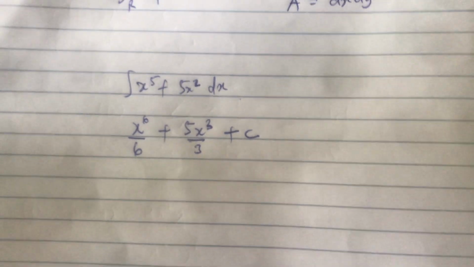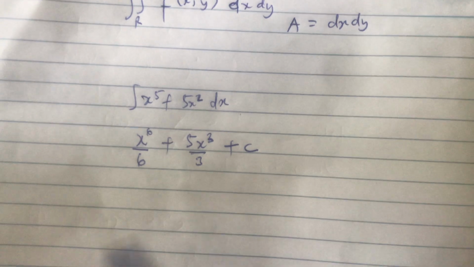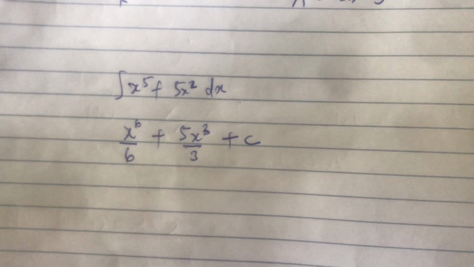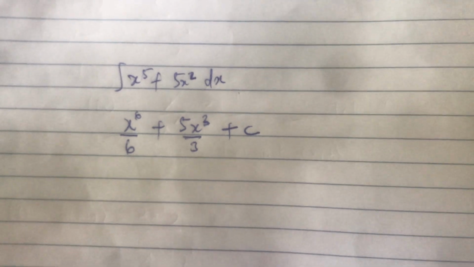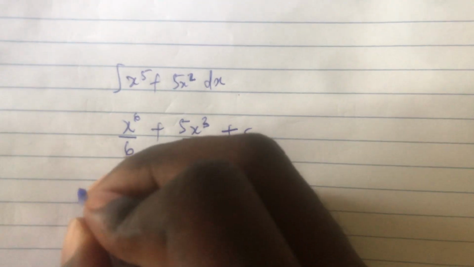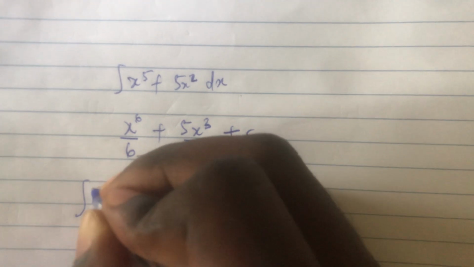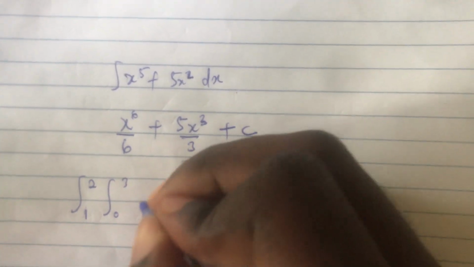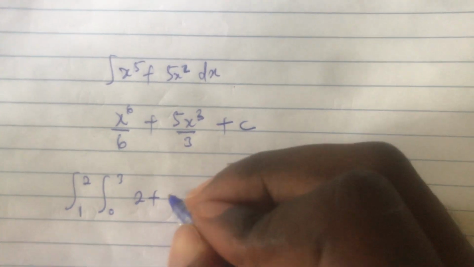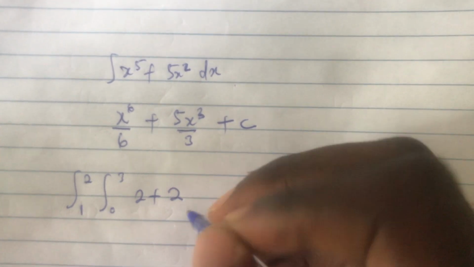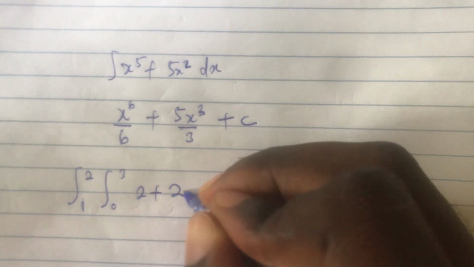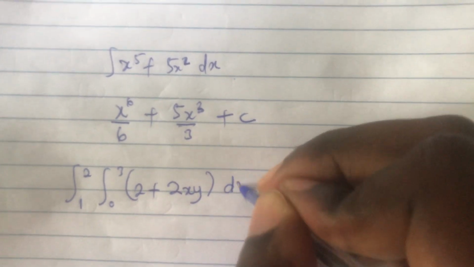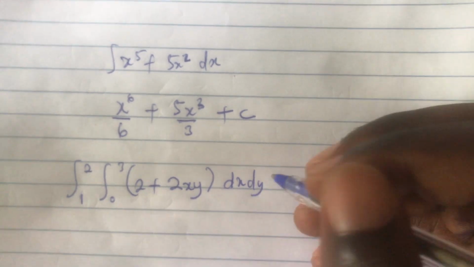Do you understand? So let's take an example of double integral. So let's say we are given a function, the integral from 1 to 2, the integral from 0 to 3, of 2 plus 2xy dx dy.